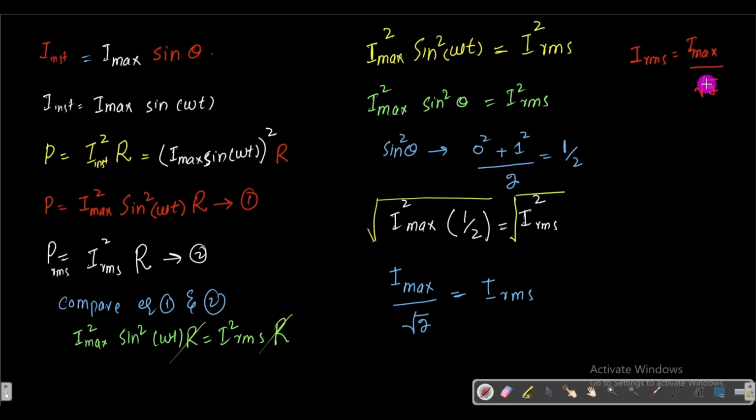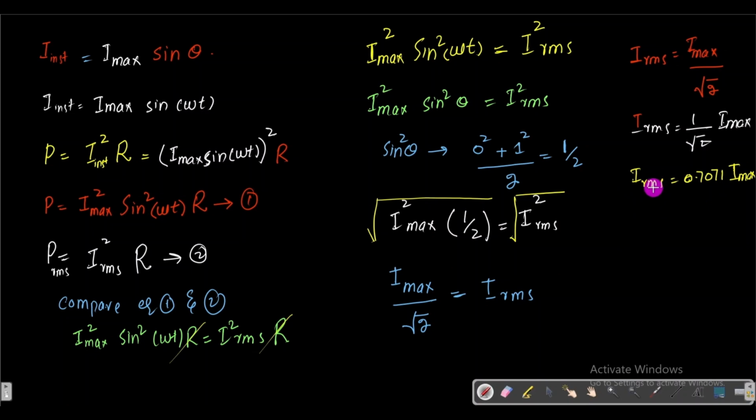The value of 1 over square root of 2 is this, so instead of 1 over square root of 2, we will put 0.7071 into I max.